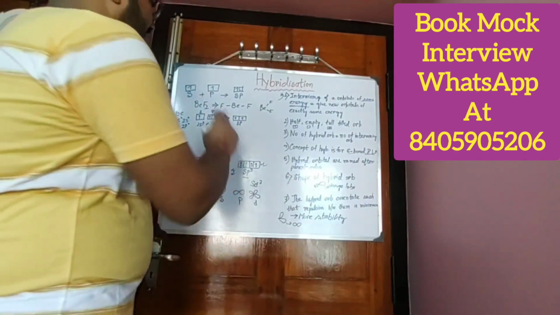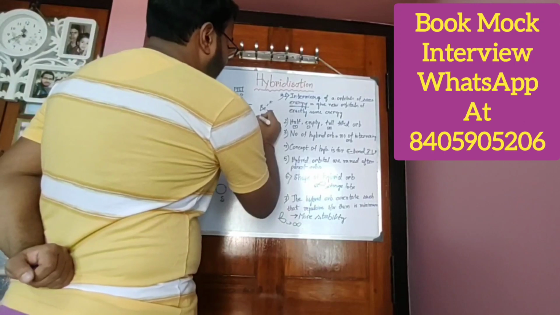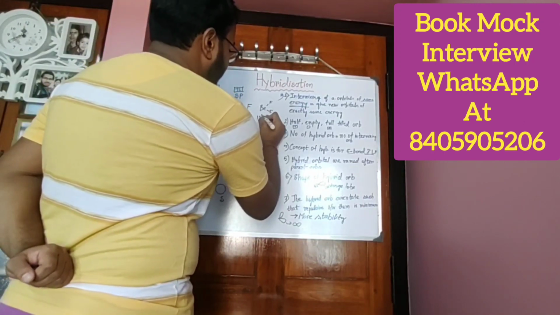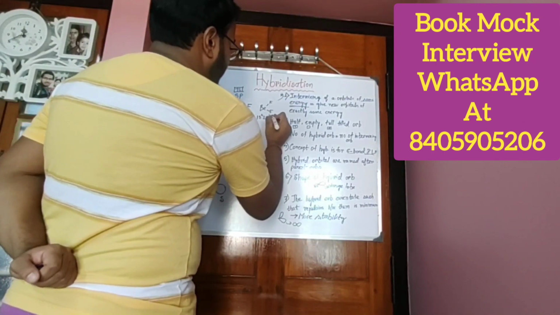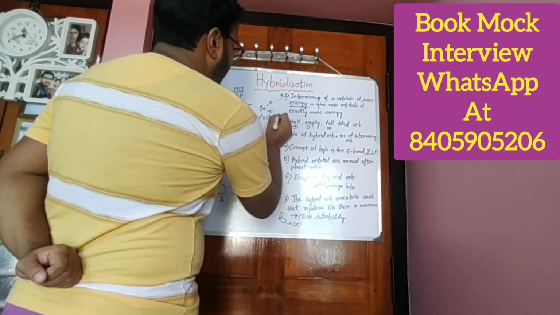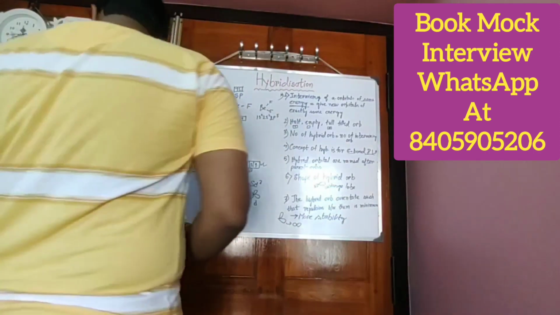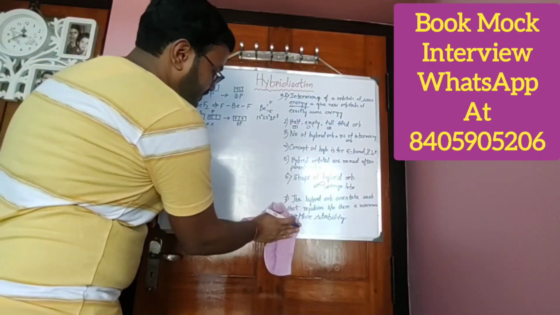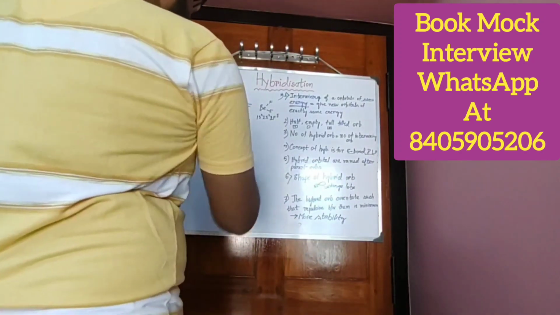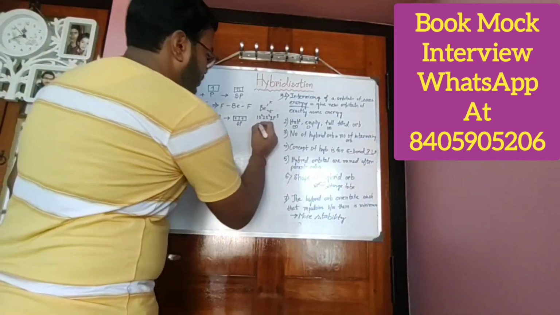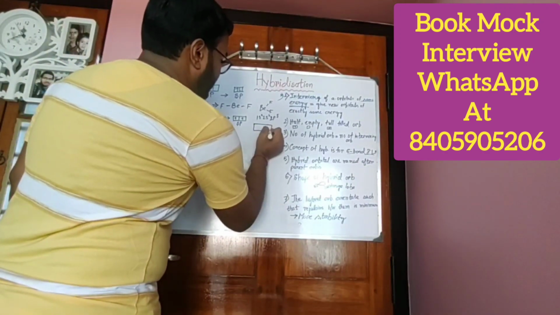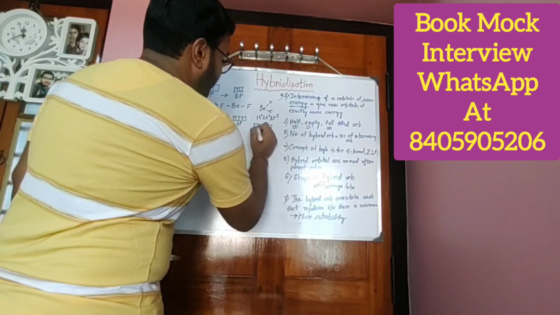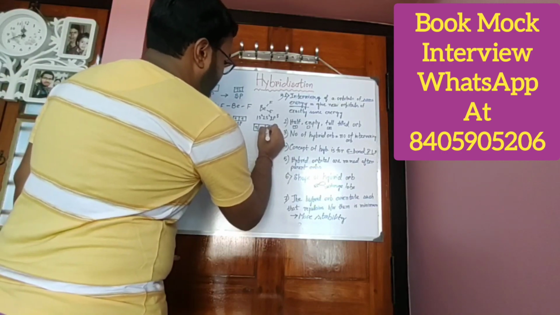Now, fluorine is a halogen, so its electronic configuration will be 1s2 2s2 2p5. Let's clear it so that you can understand the whole thing. In the p orbital there is one unpaired electron.